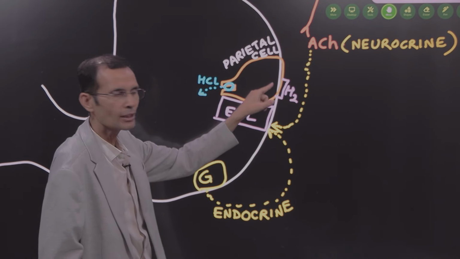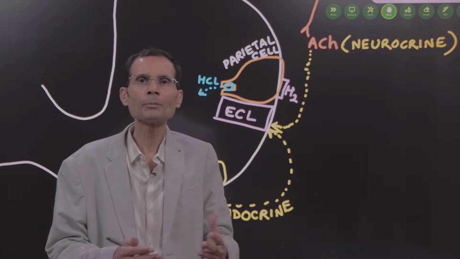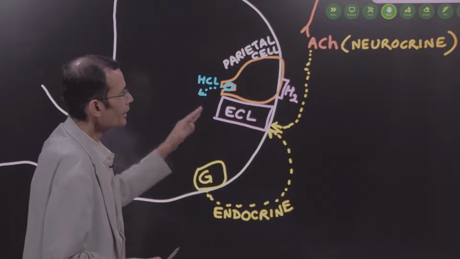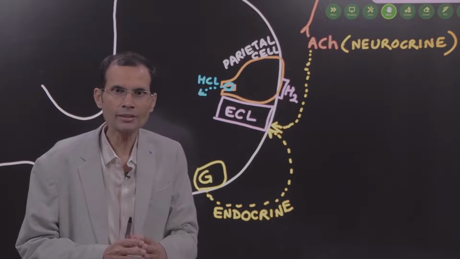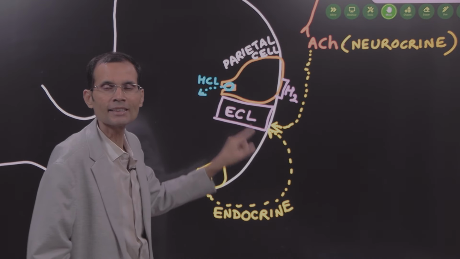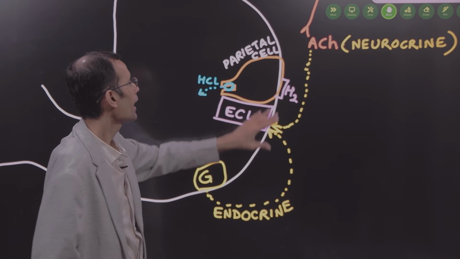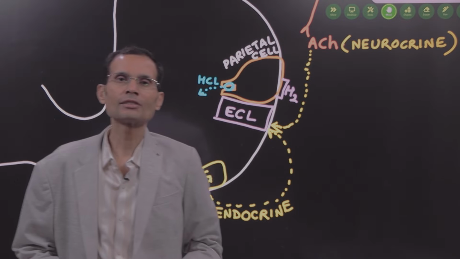So histamine acting via the H2 receptor stimulates the gastric acid secretion. And H2 blockers are the drugs which block this histamine action on the H2 receptor on the parietal cell, and they inhibit the HCl secretion.